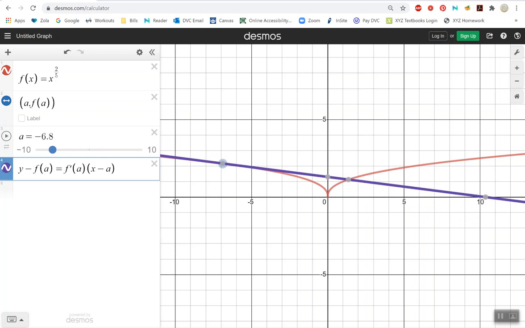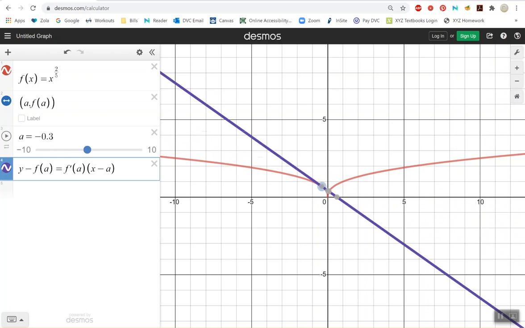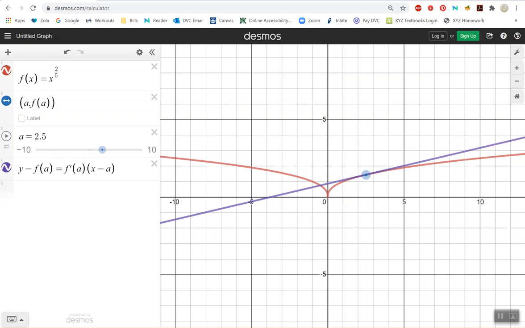boom, do you see how the purple line is always tangent to the red curve? Let's see if the f prime that we found is in fact the derivative, is in fact giving me the slope of the tangent line at every point on that red curve. y minus f of a is equal to f prime of a.